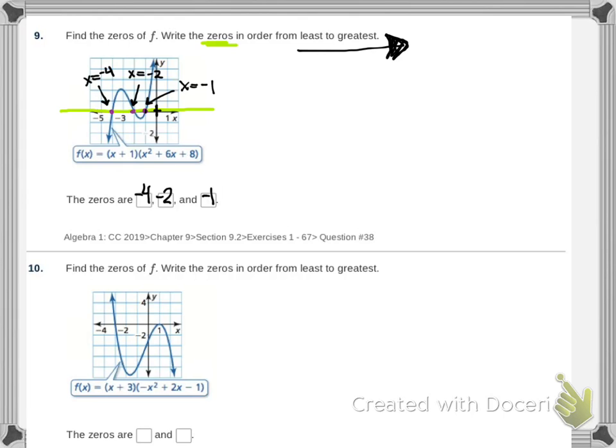All right, number 10. Why don't you pause and see if you can do this one, and then unpause to check your work. Finding the zeros means along the x-axis, and I see 2 zeros.